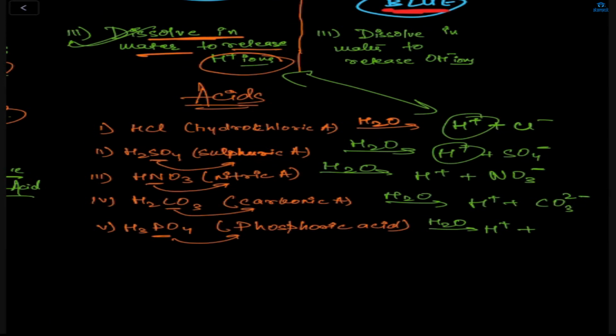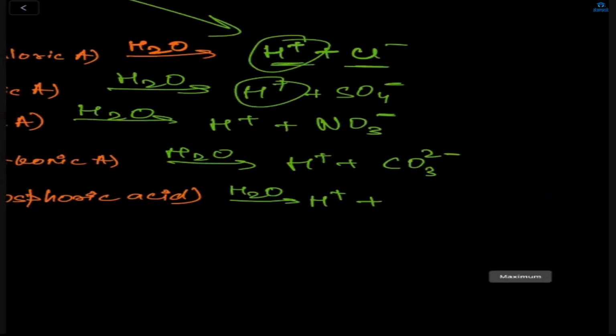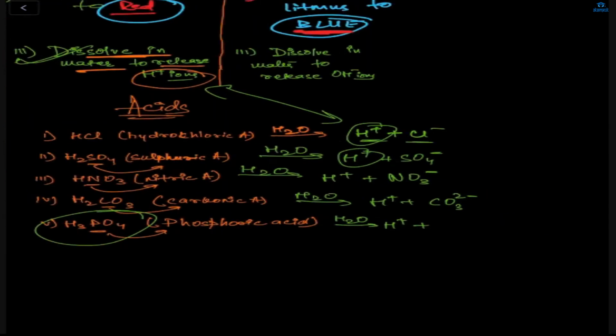And here again, the first one, what will it release? It will be H plus and Cl minus. And for H3PO4, H plus and what will it be? Any idea, Rudra or Shazan? If we dissolve phosphoric acid in water, it will surely release H plus ion. And what will be here? Here it's CO3 2 minus, here NO3 minus, SO4 minus, Cl minus.